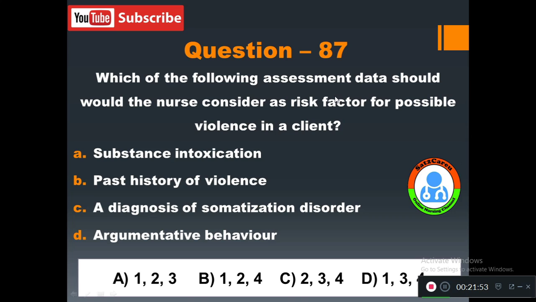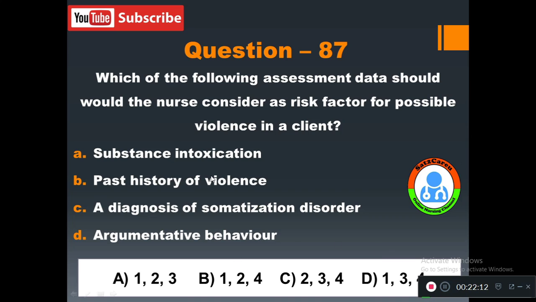Option A, 1, 2, 3. Option B, 1, 2, and 4. Option C, 2, 3, and 4. D is 1, 3, and 4.